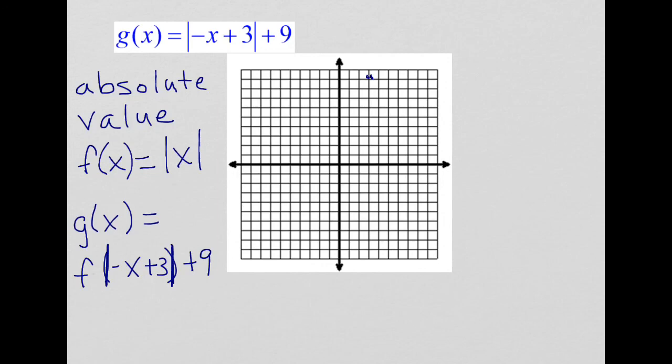My next point, if I put 4 in, that's going to be at 10. And I know that absolute values have a reflective property, so I have another point over here. So I have my absolute value that looks like this.